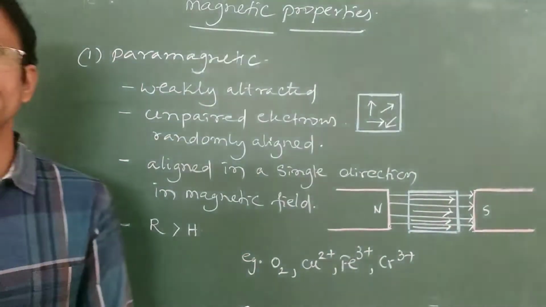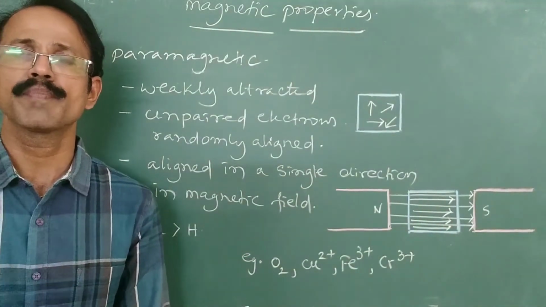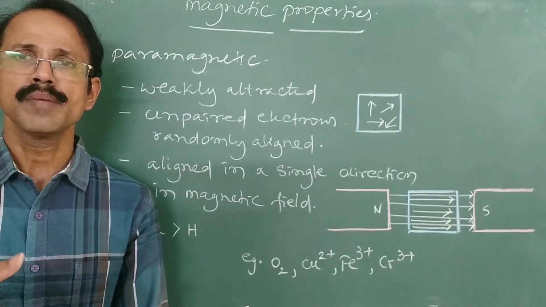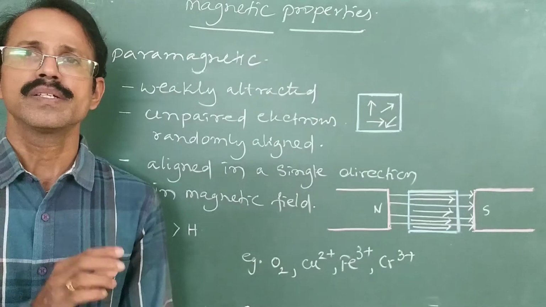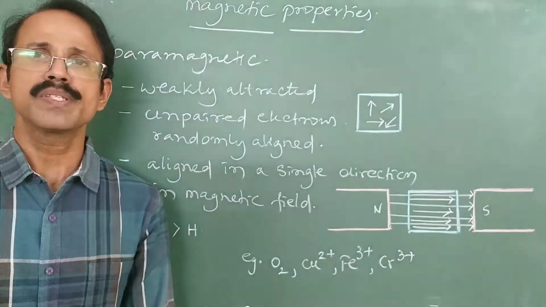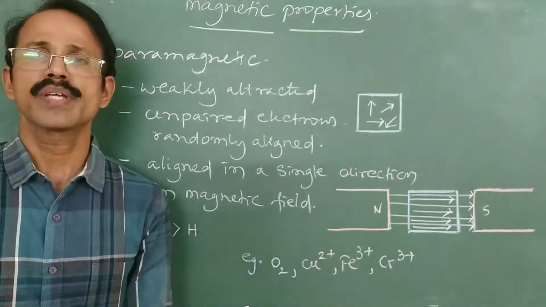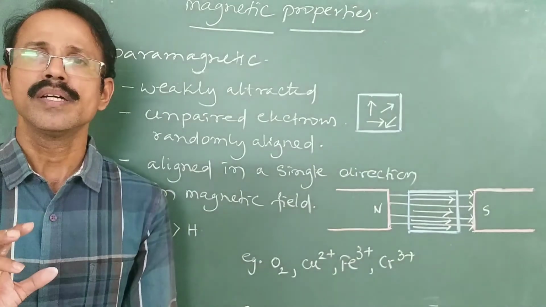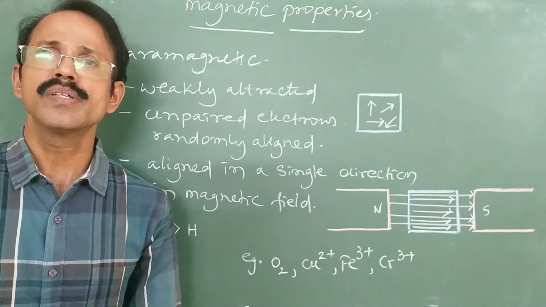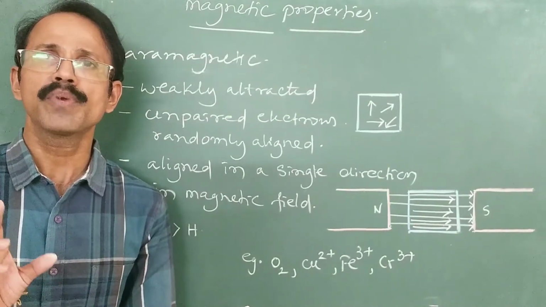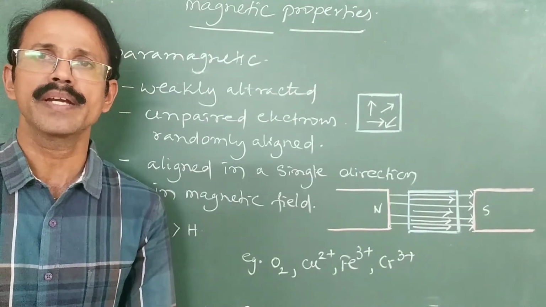They are aligned in a single direction when the paramagnetic substance is kept in a magnetic field. But once you remove this substance from the magnetic field, what happens? Again, the alignment becomes normal like this. So that means you cannot permanently magnetize this paramagnetic substance. It can be only temporarily magnetized.